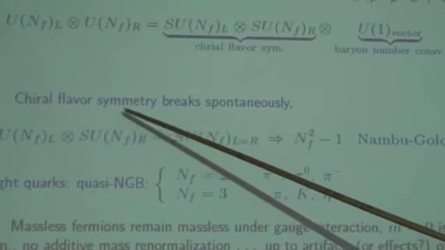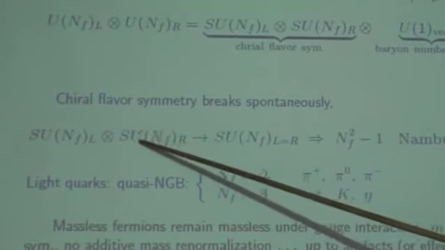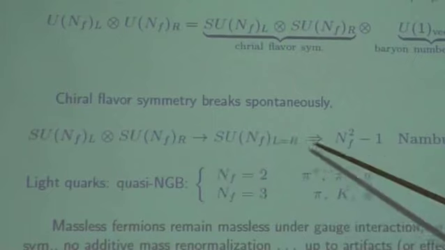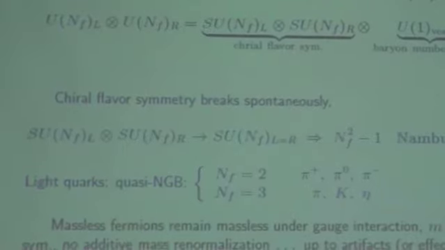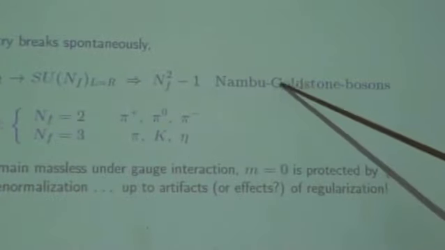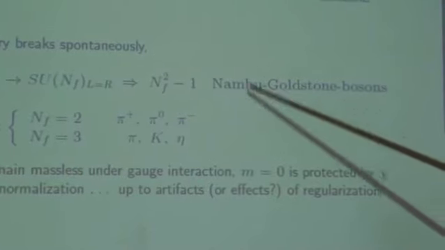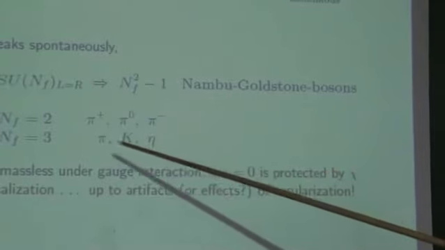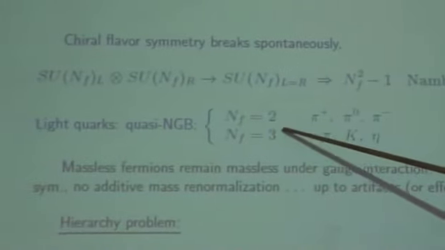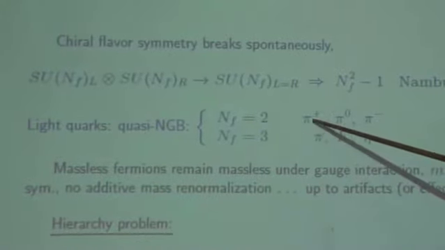So we use the full set of generators of one SU(NF) group, that means NF squared minus 1 generators, and that generates then NF squared minus 1 Nambu-Goldstone bosons. The concept of chiral perturbation theory is to identify these Nambu-Goldstone bosons with the lightest mesons involved. So if we have NF equal to 2, then this would be the pion triplet.